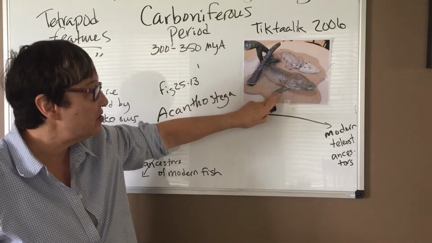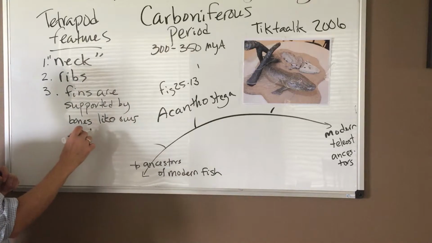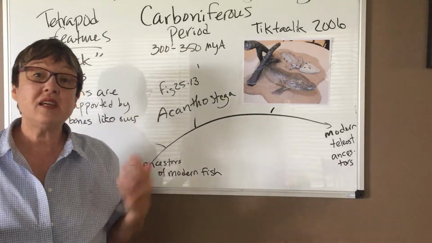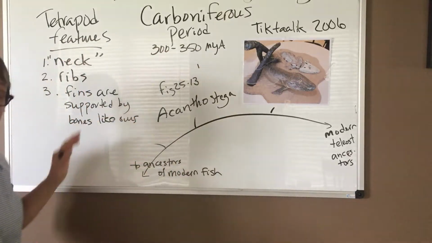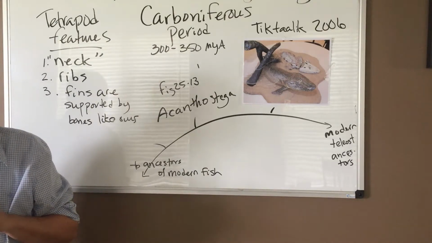And you can see how it looks like it's supporting its weight on that. So instead of spines like we see in the ray-finned fish that support the fins, we're now seeing actually larger bony structures.